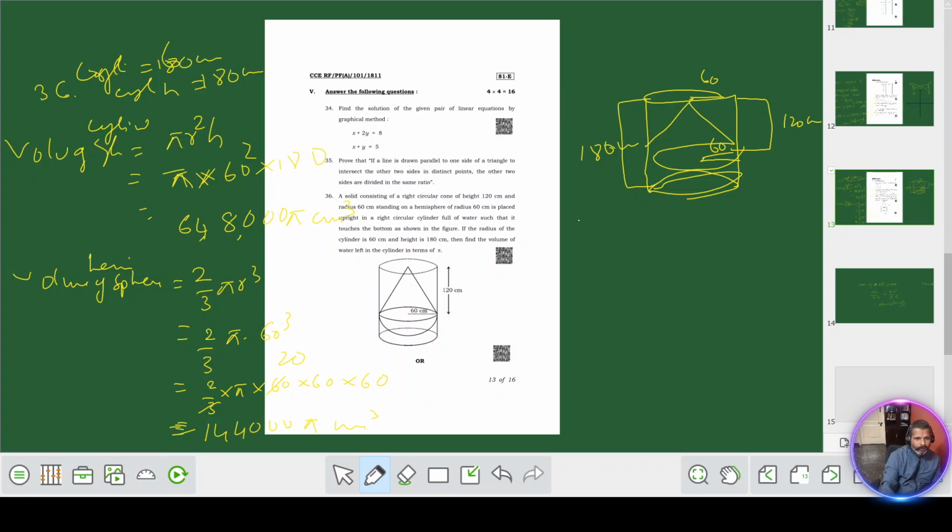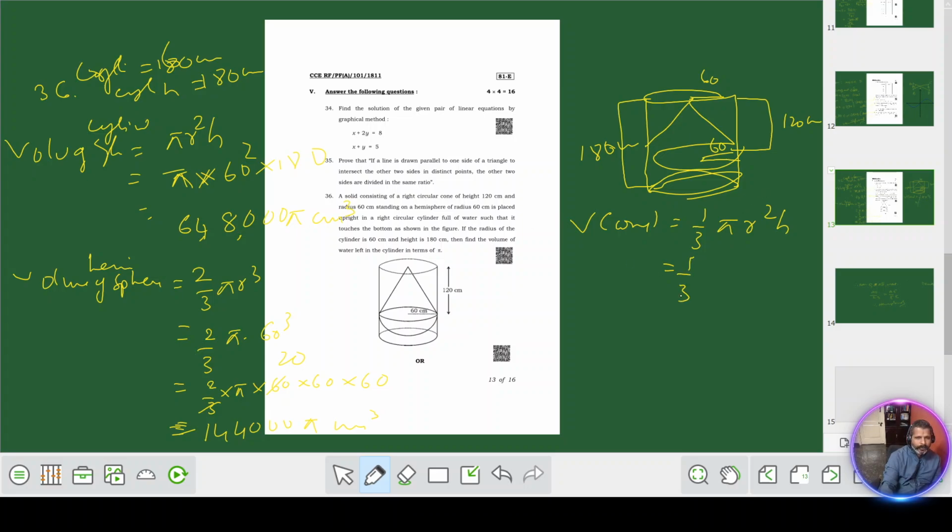Similarly, find the volume of cone. Volume of cone is 1 by 3 pi r square h. But here the height of the cone is 120, not 180. Otherwise, you would get 1 by 3 of the volume of the cylinder.